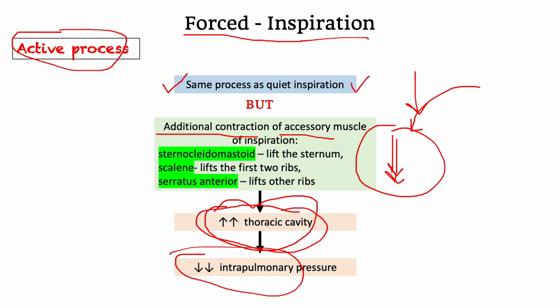So these are the accessory muscles of inspiration. We have the sternocleidomastoid, the scalene, and also the serratus anterior. So this will lift the sternum up, lift all the ribs. So this will increase the thoracic cavity much more than during quiet inspiration.